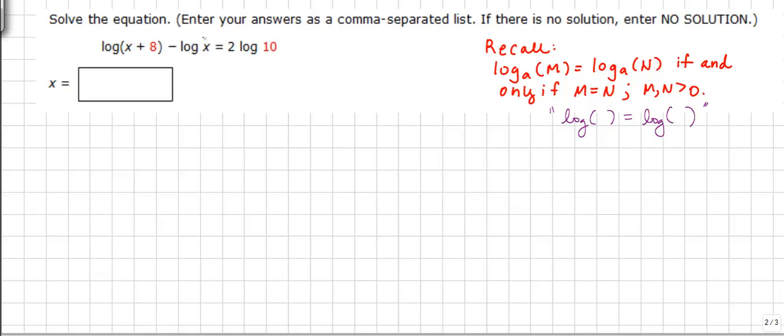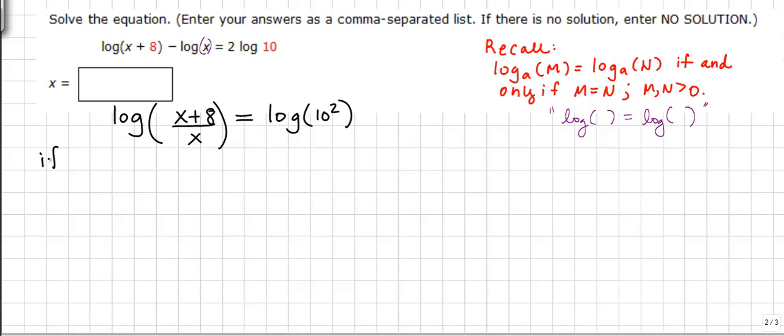So I take a look at this equation and I see log of x plus 8 minus log of x equals 2 log of 10. Using the second rule of logs, I can write log minus log as log of the quotient. Using the third rule of logs, I can write 2 log base 10, because the understood base here is 10, as log of 10 squared.